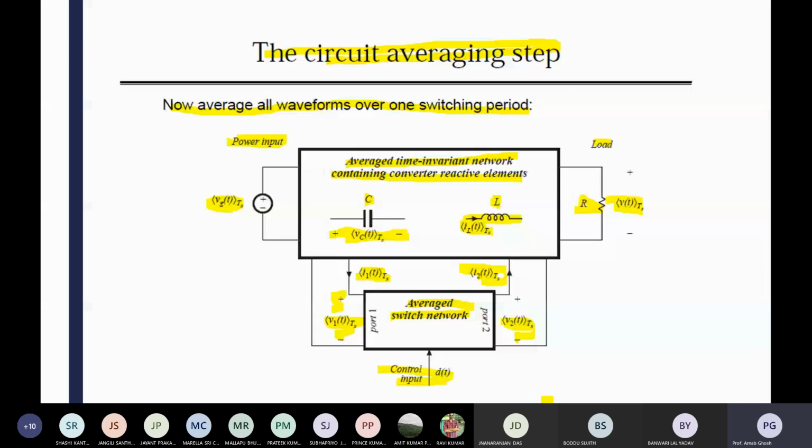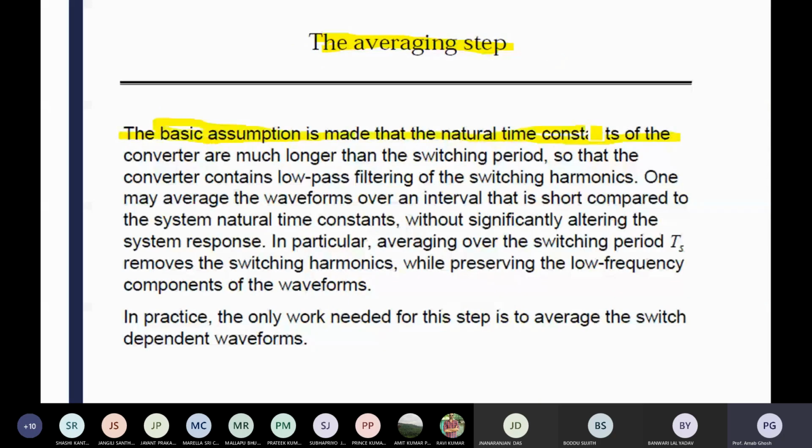What can we conclude from this study? The basic assumption made is that the natural time constant of the converter is much longer than the switching period, so that the converter contains low pass filtering of the switching harmonics. Okay, what is the purpose of a low pass filter?